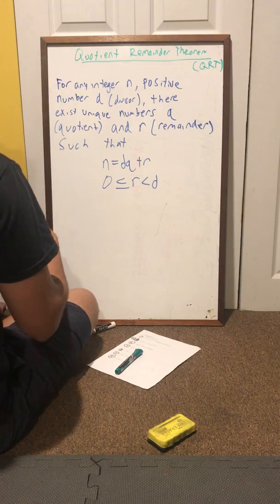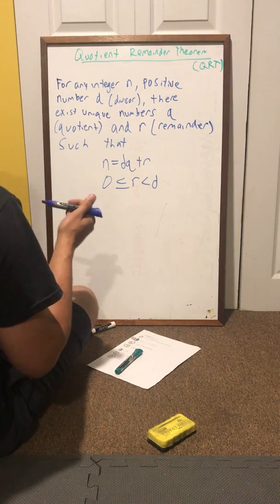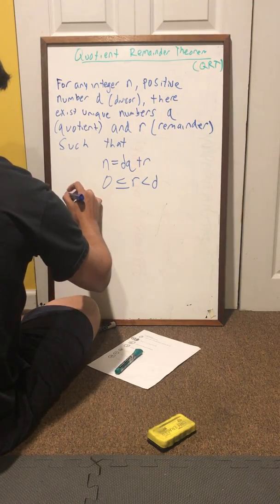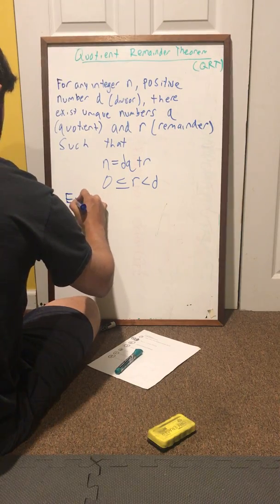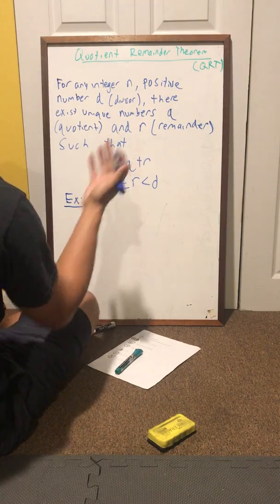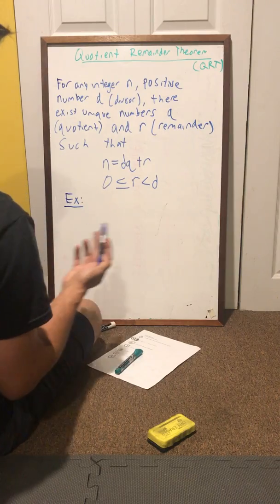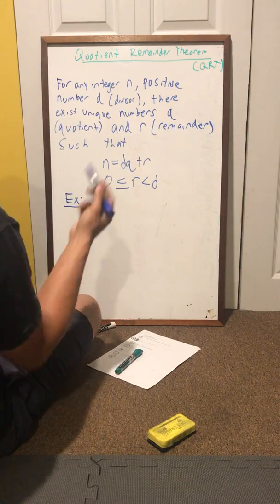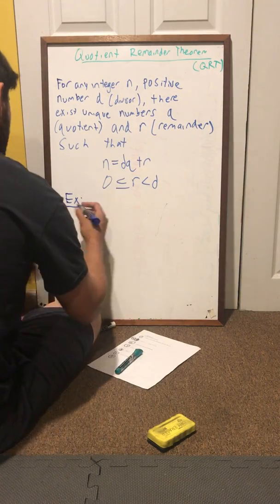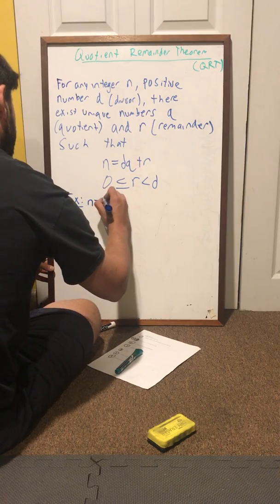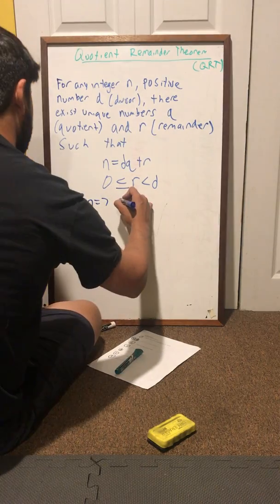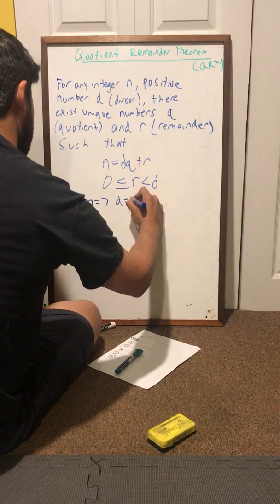Now let's go through an example. This is really a simple idea of long division. So when we're going through, this is very similar to long division. We'll put n equals 7 and d equals 2.